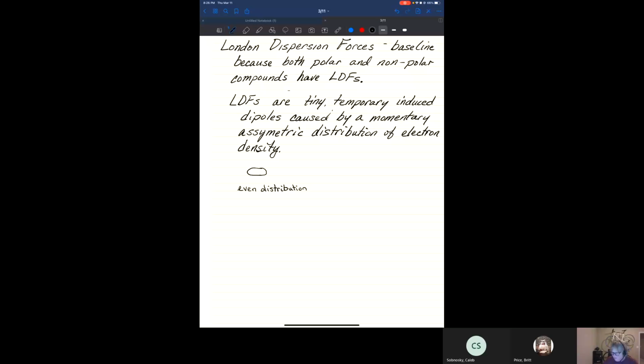So an even distribution of that electron density. Again, go back to that idea of symmetry. So it's nice and symmetric. What happens is that something else comes along and disturbs this even distribution. That's why it's called an induced dipole.